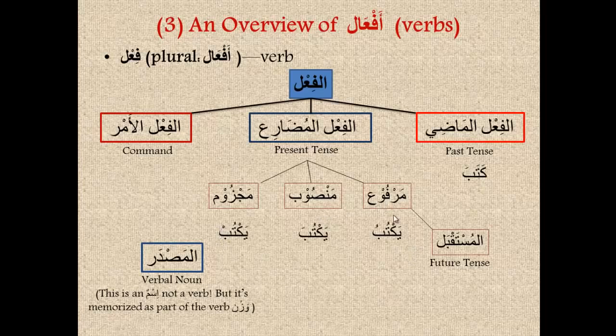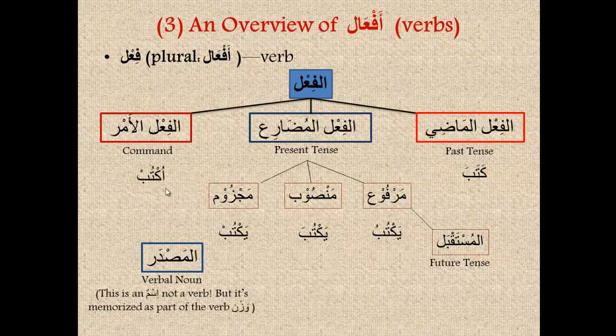Notice how these three verbs are very, very similar. In fact, they're nearly identical, except for their case ending. Yaktubu with a dhamma, yaktuba with a fatha, yaktub with a sukun. And we will talk about why each type of mudari' takes the case ending that it does.